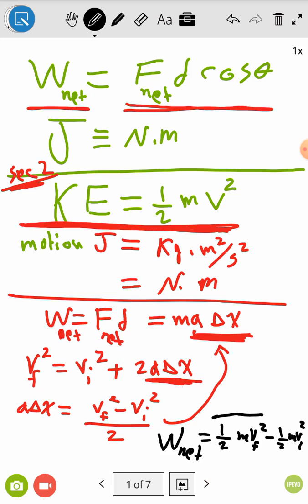This value is called the kinetic energy. So work net equals kinetic energy final minus kinetic energy initial, that means work net equals the change in kinetic energy. This formula is known as the work kinetic energy theorem.